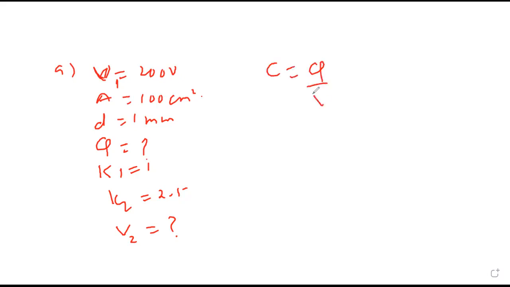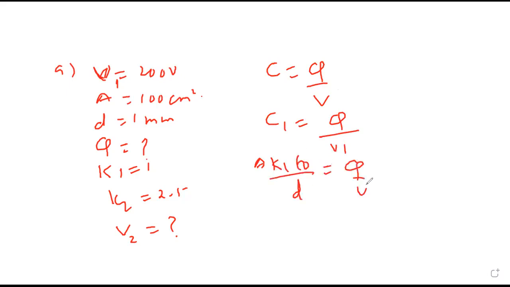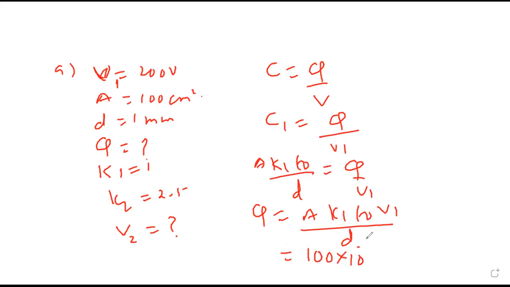C is Q by V. So C1 equals Q upon V1. Therefore, A K1 epsilon 0 by D is Q by V1. Therefore, Q equals A K1 epsilon 0 V1 by D. A is 100 centimeters square, so 10 raised to minus 4 meters square. K1 is 1, epsilon naught 8.85 into 10 raised to minus 12.